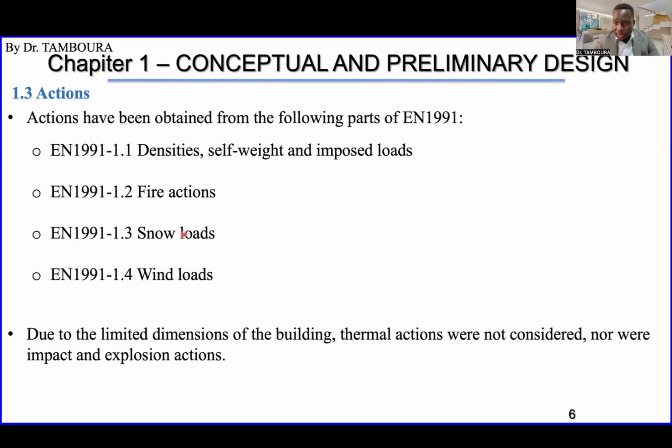But it doesn't mean that these actions don't exist, okay? Fire and explosion actions. If you want to design a building so that it can resist some explosion, you also have to refer to Eurocode 1 and evaluate the actions of the explosions, okay?